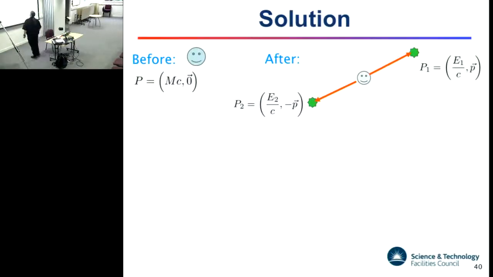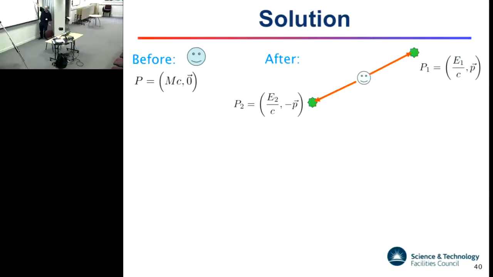Well, we can get away. We have a single particle before that has this 4 vector, so it's at rest, which means that this bit is 0, but it has a rest mass, big M, so we've got big Mc for its energy. Afterwards, the relativistic energy, so remember this includes the rest mass, we've got E1 over c and P here.